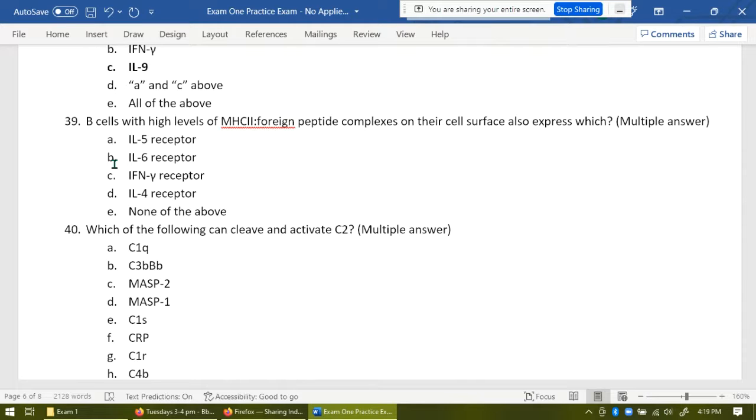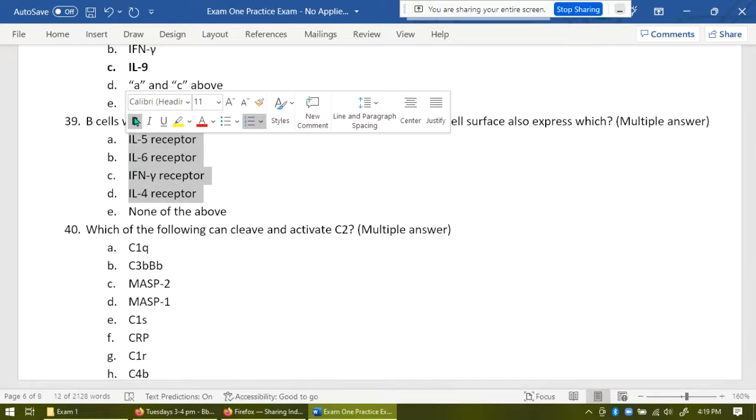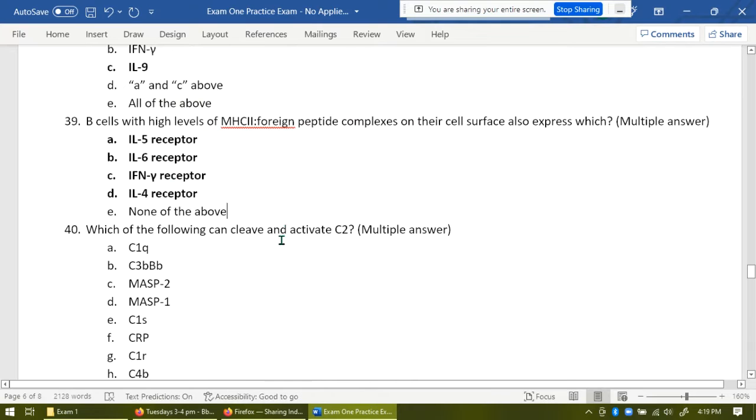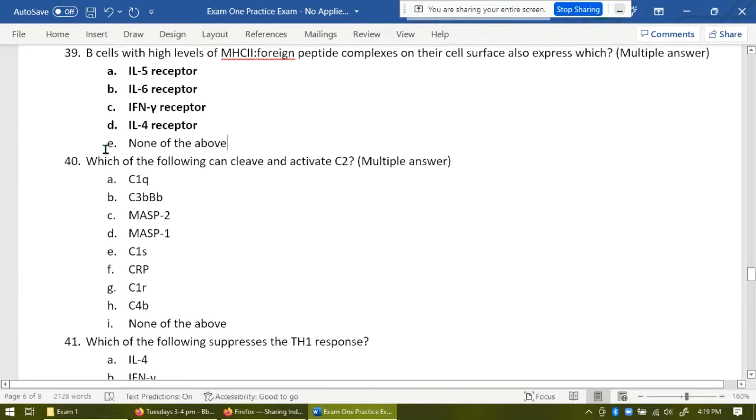So the B cell is looking to receive cytokines. And B cells are affected by almost every cytokine. So it's going to be all of the cytokine receptors. I had another answer choice on here in the old version that I removed, so heads up on that. I don't think it's fair to ask you about ICOS ligand or anything like that, so I took it off.